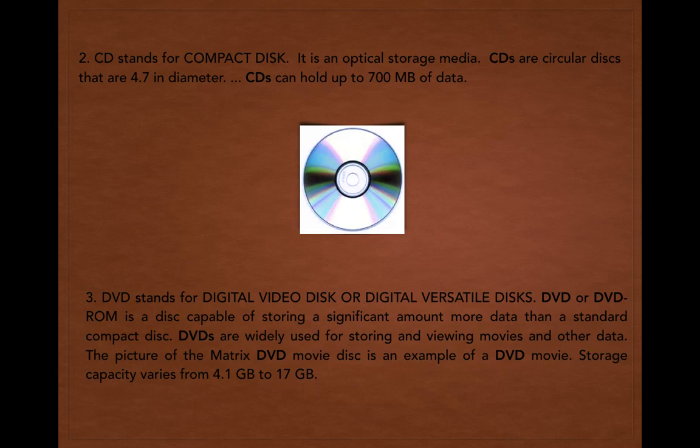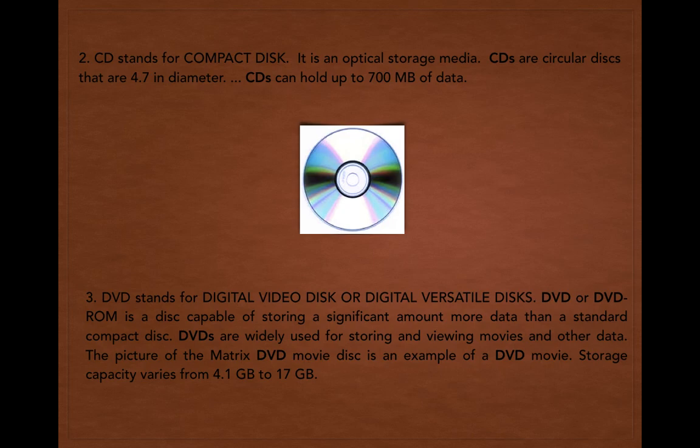CD is an optical storage device used for data storage and for recording movies with high quality of sound and video. DVD is similar to CD in shape, but the amount of storage information is huge compared to CD. The storage capacity is from 4.1 GB to 17 GB.